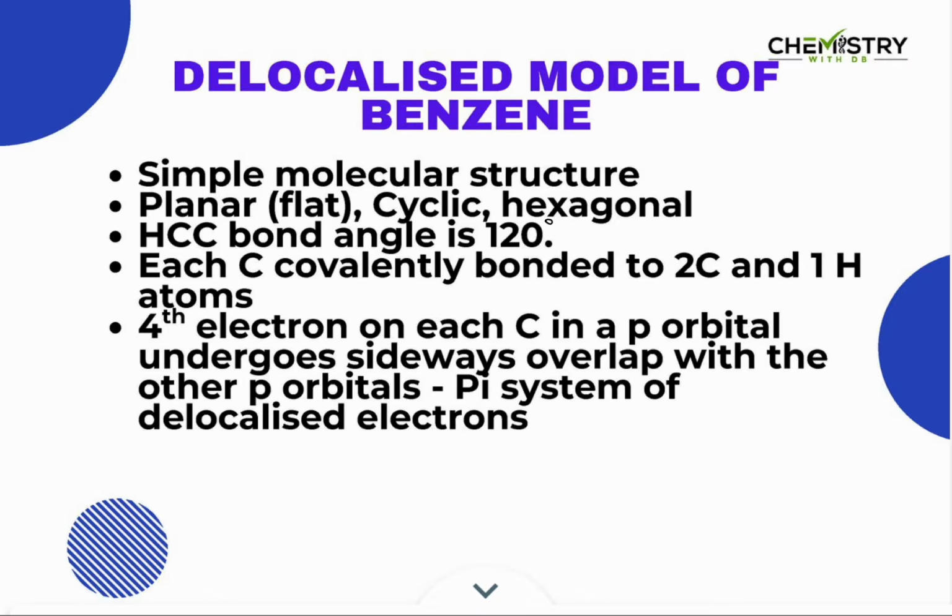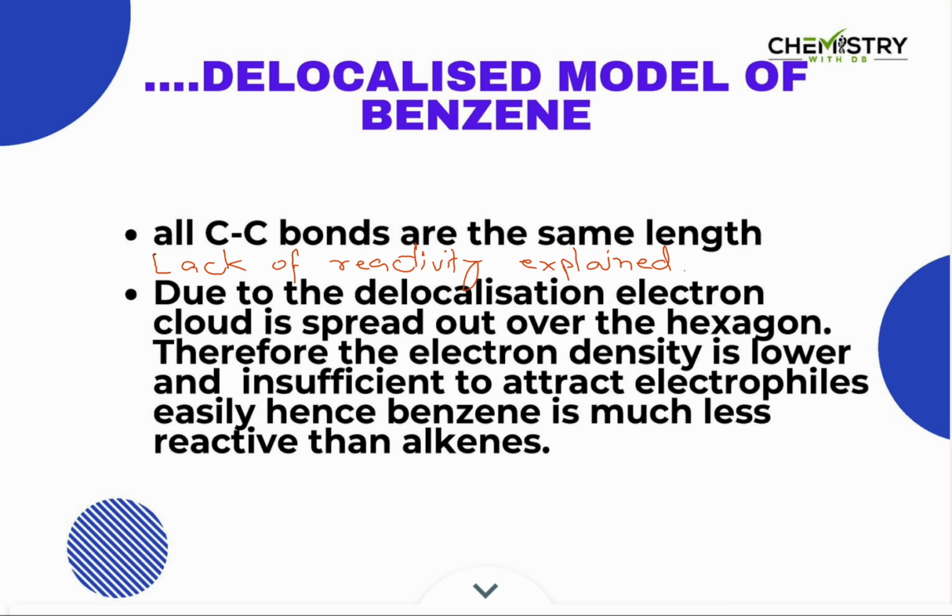Each carbon is covalently bonded to 2 carbons and 1 hydrogen atom, and the fourth electron in a dumbbell-shaped p orbital undergoes sideways overlap with the other p orbitals, and this gives rise to a pi system of delocalized electrons. All of the C–C bonds are of the same length, right? And there are no C=C double bonds present.